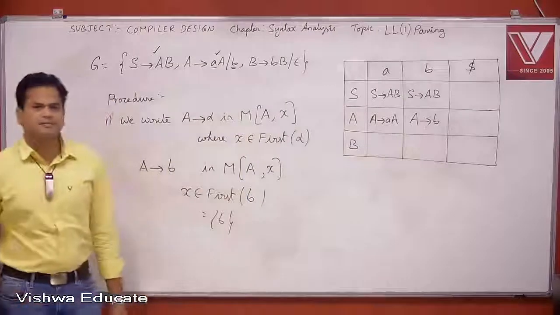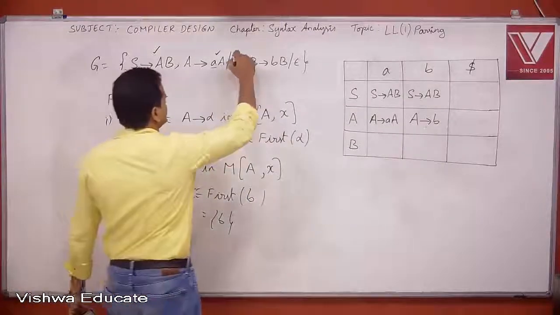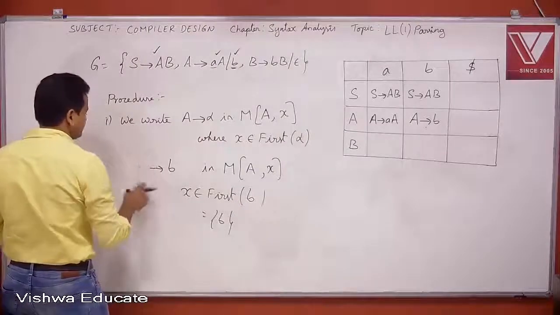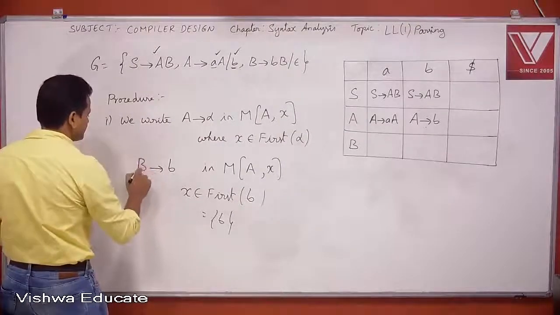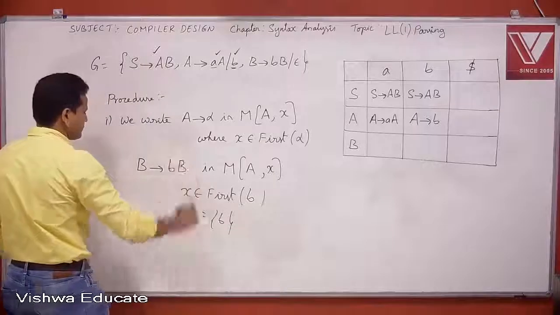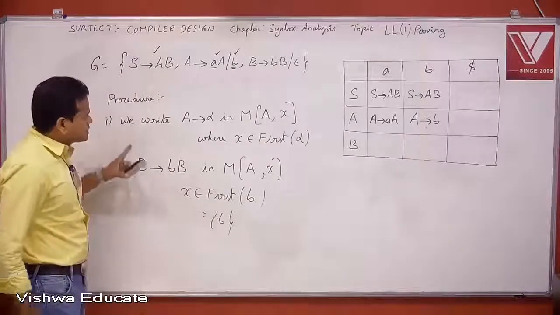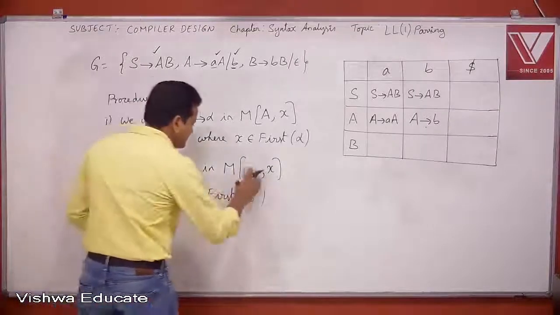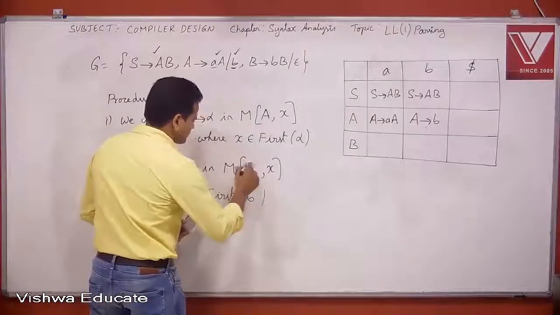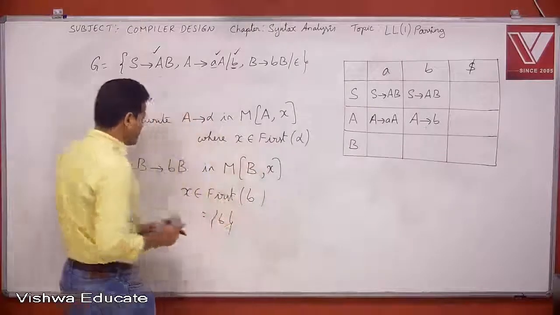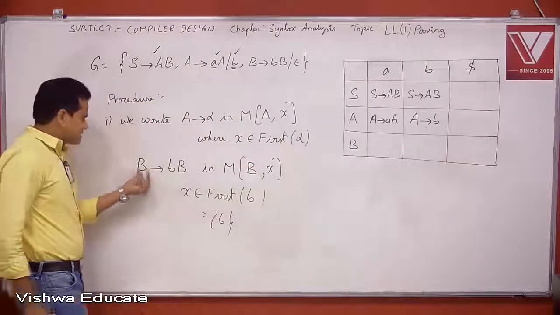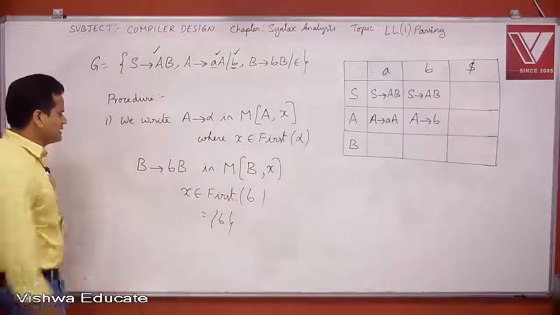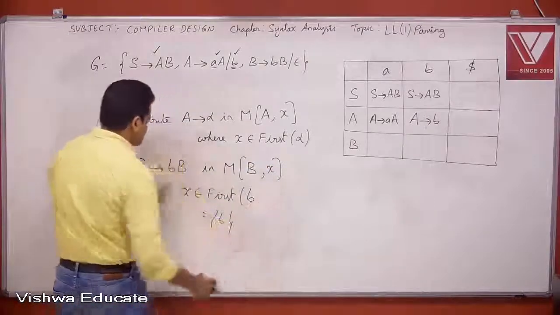Done. Next, we go to the next production, which is B derives BB. This is a production of B, therefore we must write it in the B row and x column. What is x? x is first of alpha.